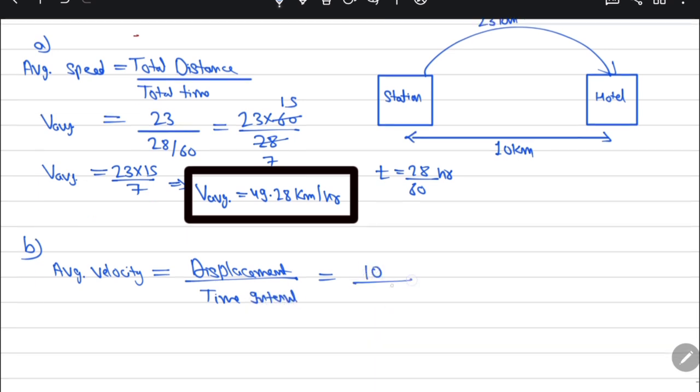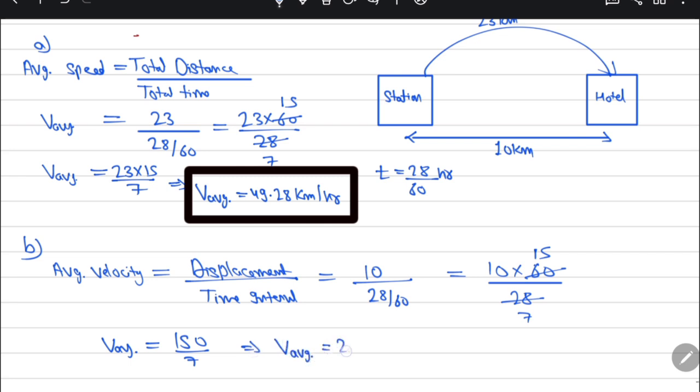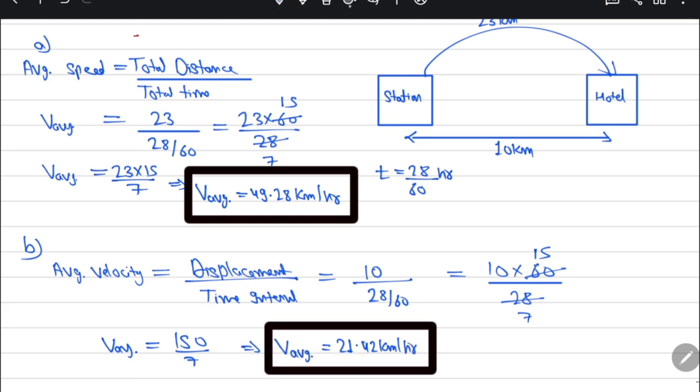The shortest path is 10 divided by the total time, 28 by 60. So 10 into 60 divided by 28, that is 150 divided by 7. So their average speed, sorry, average velocity, is 150 divided by 7, which comes out to be 21.42 kilometer per hour. Right?